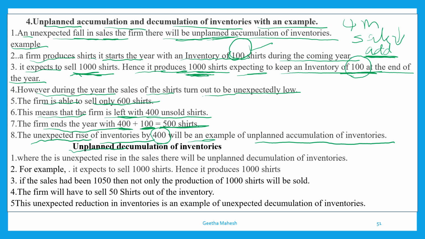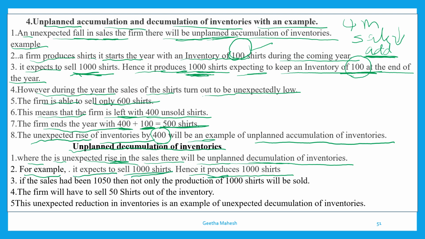Then what do you mean by unplanned decumulation of inventory? Where there is an unexpected rise in the sales, there will be unplanned decumulation of inventory. So an unexpected rise in the sales will lead to unplanned decumulation of inventory. For example, it expects to sell 1000 shirts.